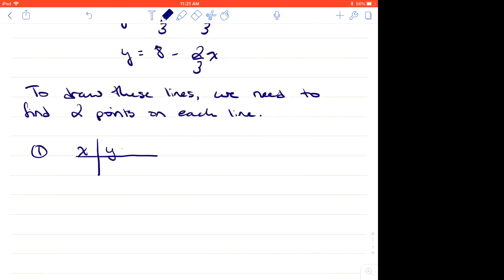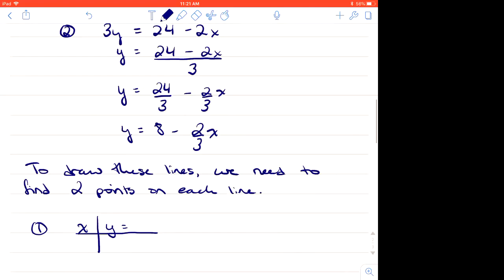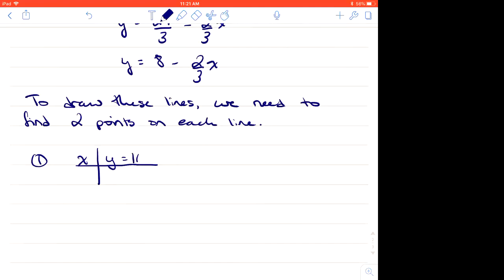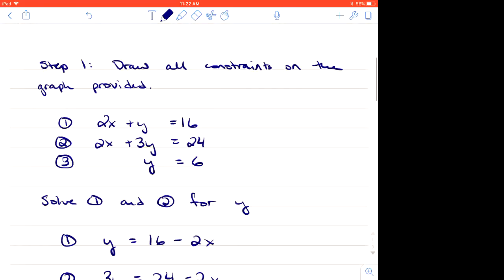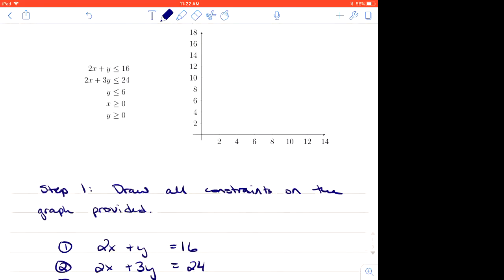I've got x, and I like to write out y equals 16 minus 2x. And then I'm going to pick 2 values of x, any 2 values, and solve for y. One thing to keep in mind is my graph only goes between x's 0 and 14.